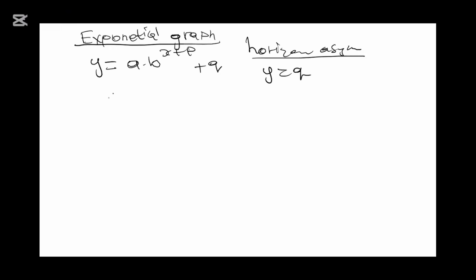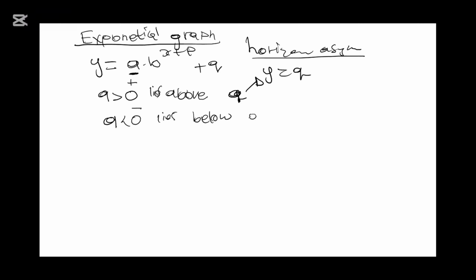And also a is very important, because if a is greater than 0, or rather is positive, our graph will lie above your q, your asymptote. Then if your a is less than 0, it will lie below your asymptote.